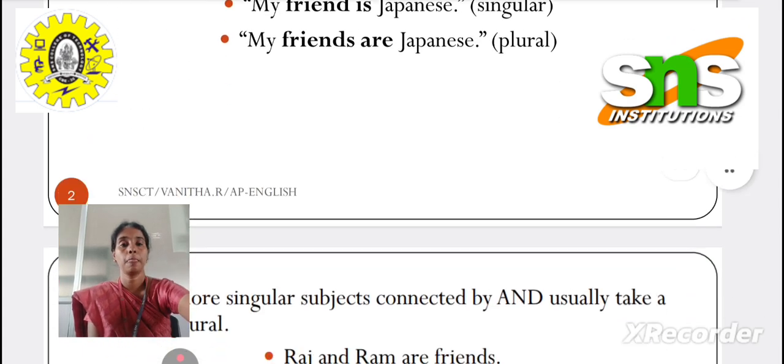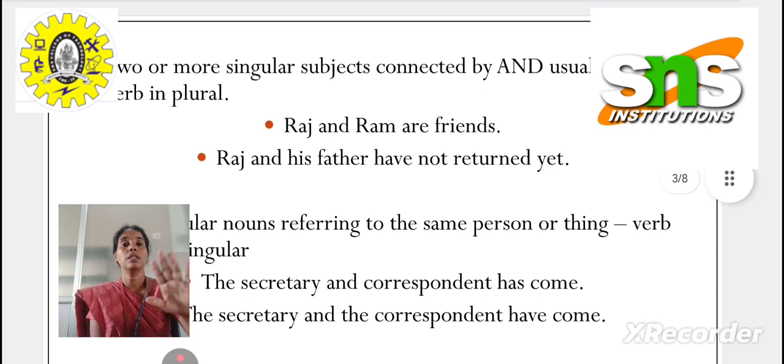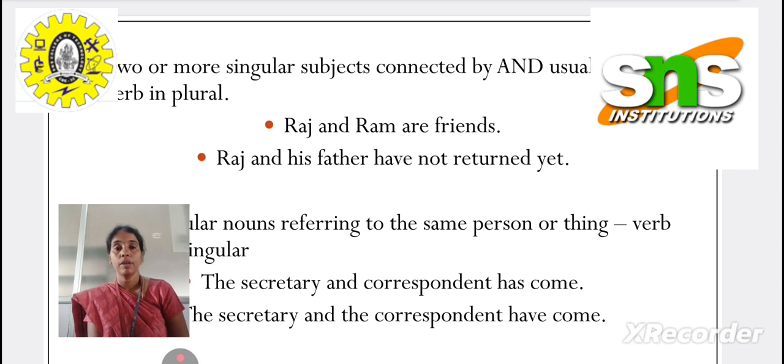And the next rule is the same. Singular goes with singular and plural goes with plural. Whereas two or more singular subjects connected by and, the use of conjunction. If you have two singular subjects in a sentence, usually take a plural verb.